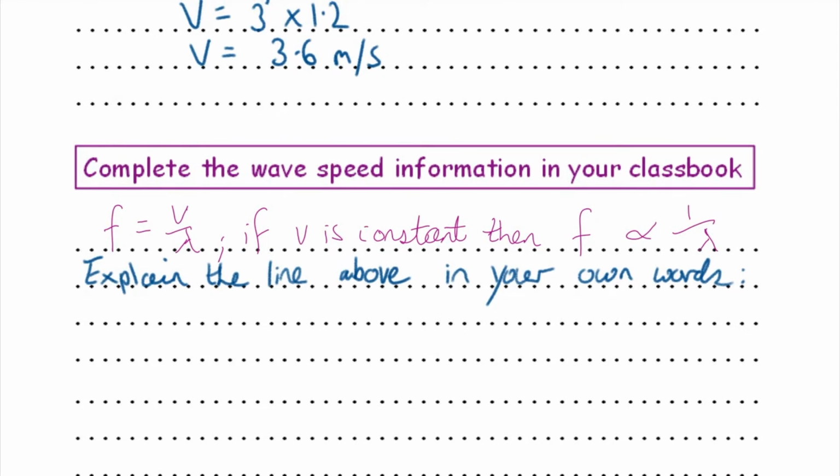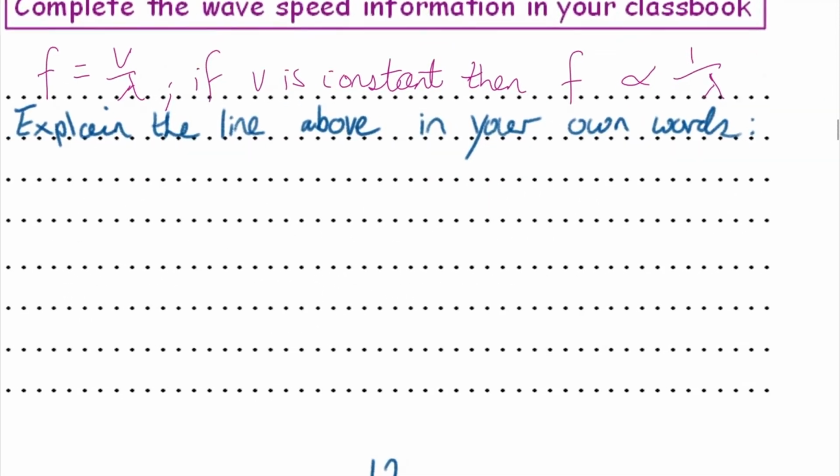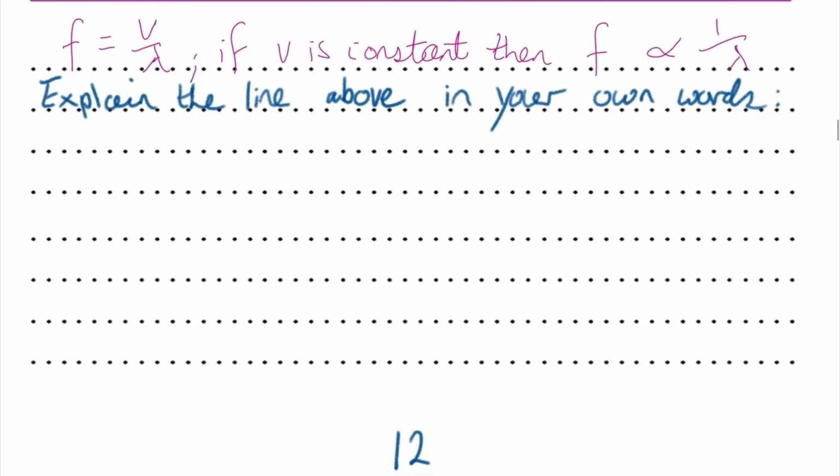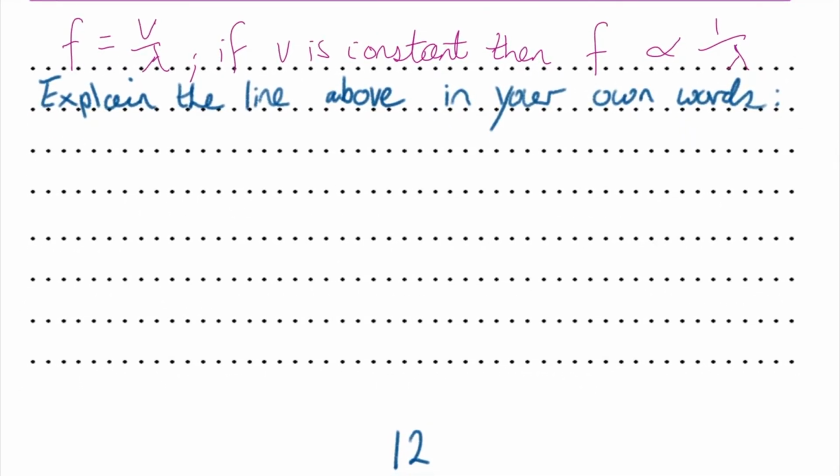Now underneath here, and I'm going to highlight it as I talk through it, it says f. That's frequency equals wave speed divided by wavelength.